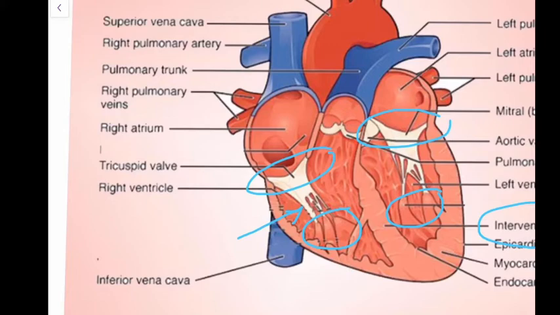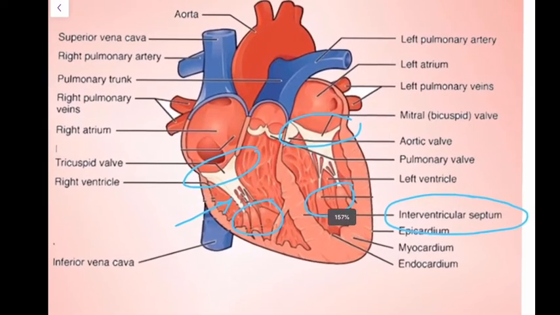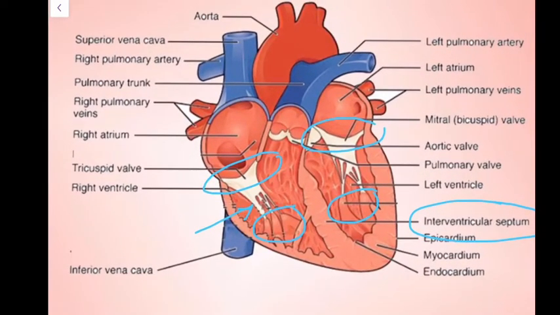As I mentioned previously, they carry deoxygenated blood into the right atrium, and then from the right ventricle, in the upper part of it, there's the opening of the pulmonary artery, the pulmonary trunk, and the pulmonary trunk then divides into a right and a left branch, which will carry deoxygenated blood to the two lungs.